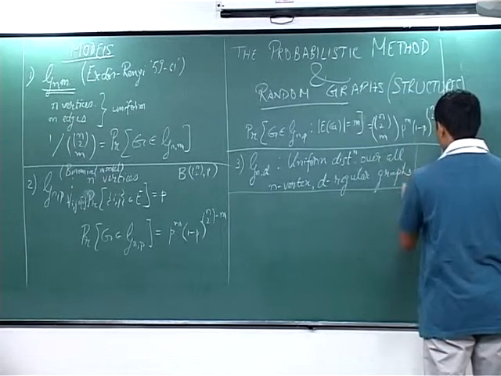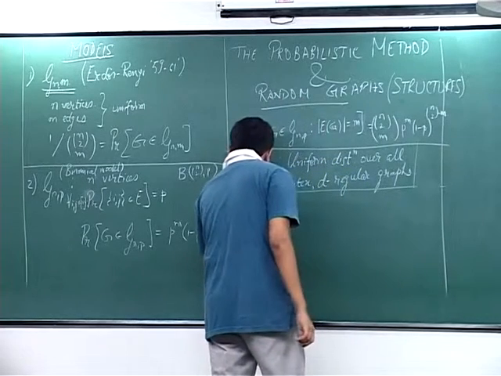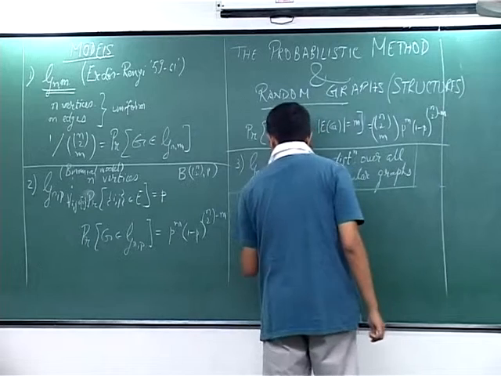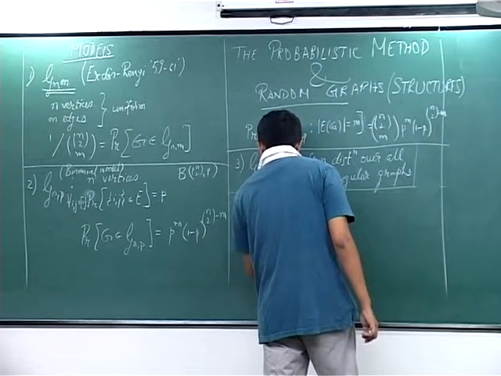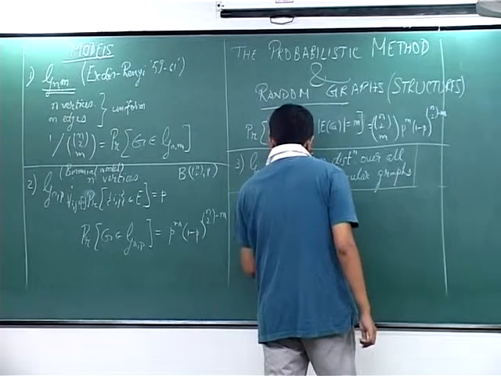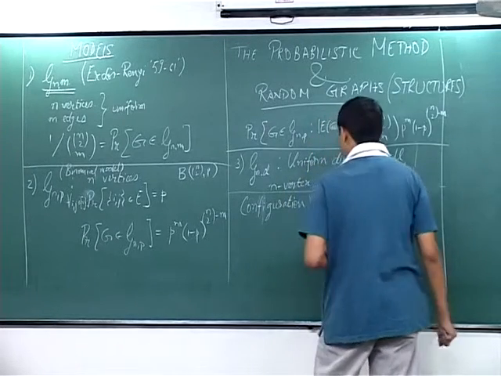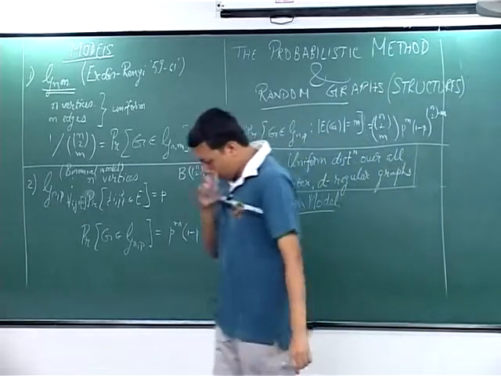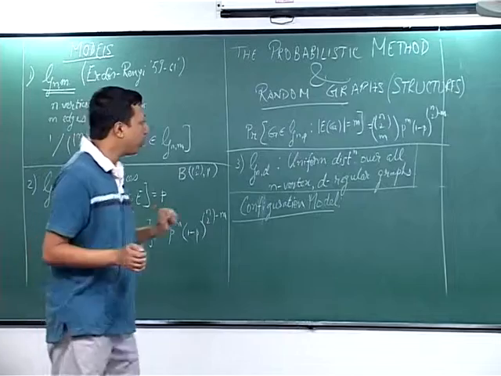So this model is what is known as the configuration model. The thing is, this problem was initially solved in maybe 1968 or something. So maybe I should tell you a little bit about the history. This problem was open for a long time.